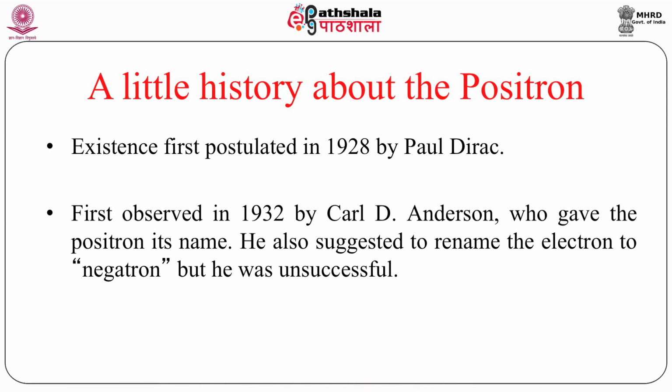He also suggested renaming the electron to negatron, but he was unsuccessful. So its existence was postulated in 1928 and the naming was given in 1932, but he was not successful in naming the negative electron as negatron.